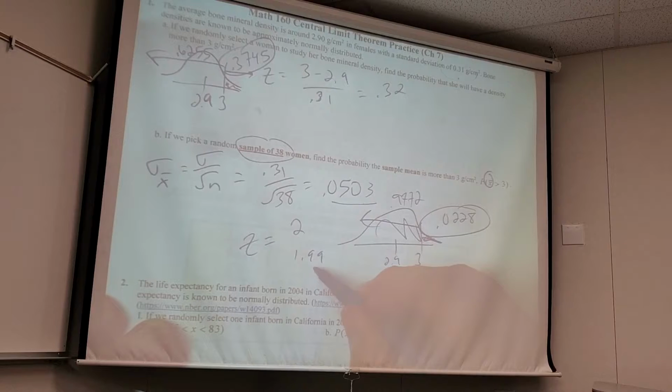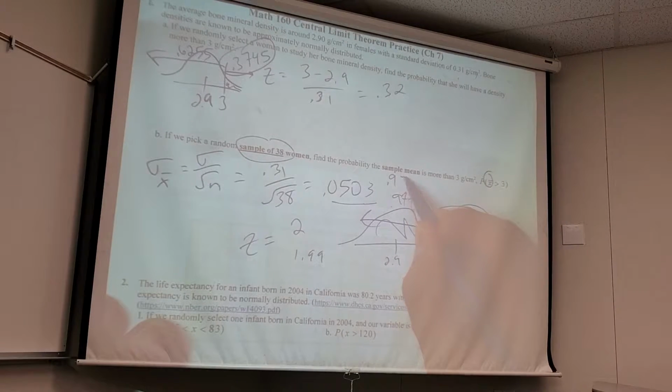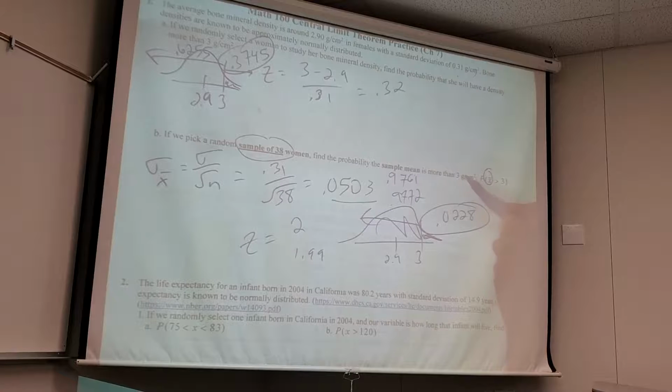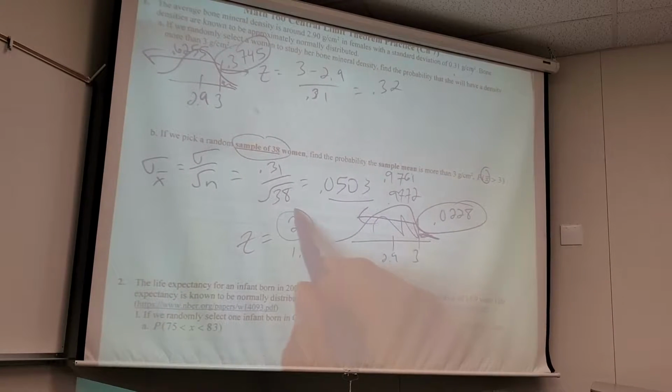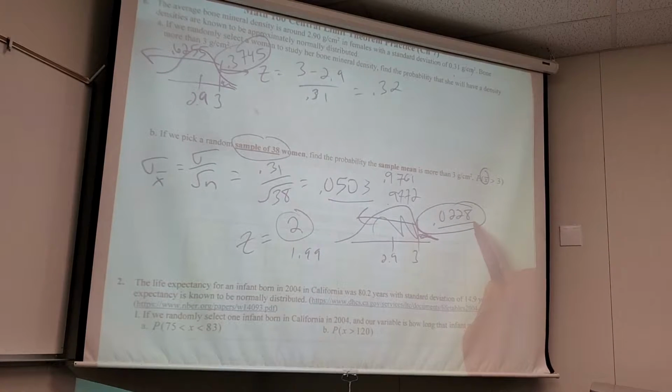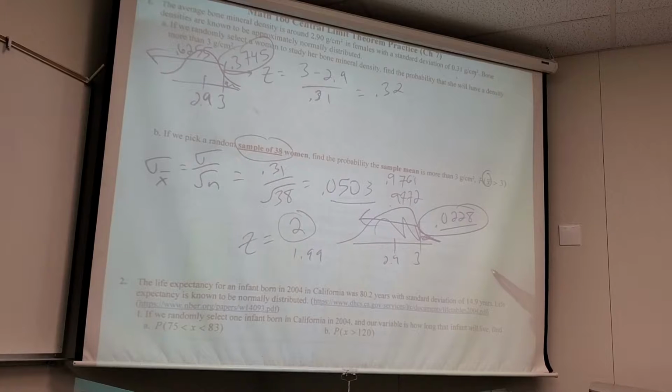And I think when you look it up with 1.99, it's 0.976 something. 1.99? 0.9761? You guys kind of with me? Is everybody with me? So you did it one way or the other. So either you got a z-score of 2, and you got this answer. Is that cool? Is that all right?